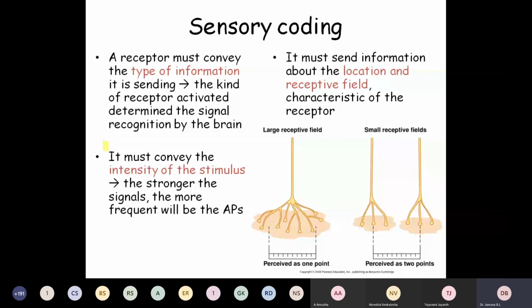The stronger the signal, the more will be the frequency of action potentials, or the more will be the recruitment of receptors. This sensory coding detail we are not going into, because it is central processing, so it is beyond the undergraduate syllabus. We are not discussing how exactly this sensory coding or processing occurs.